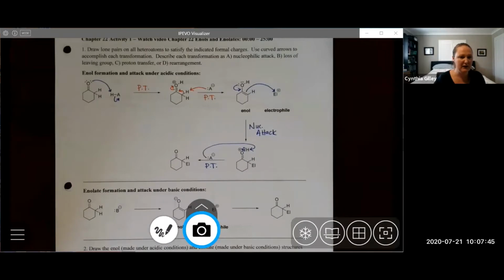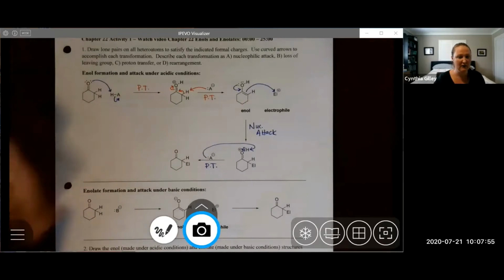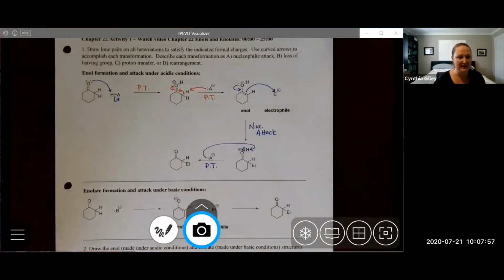We can also have enol formation under weak base conditions as well. And strong bases though, so weak base like hydroxide, which is not a very strong base, however, it's weaker than some of the other options that you could use for a base.